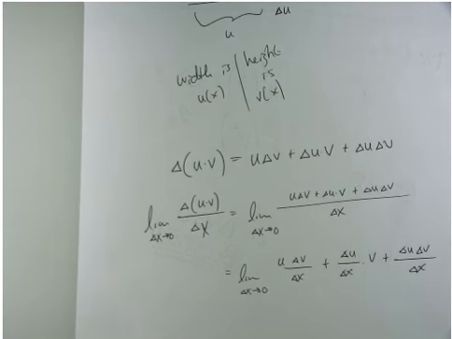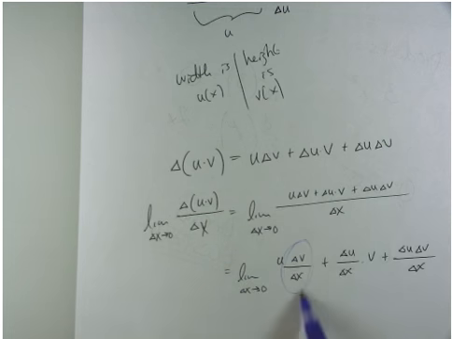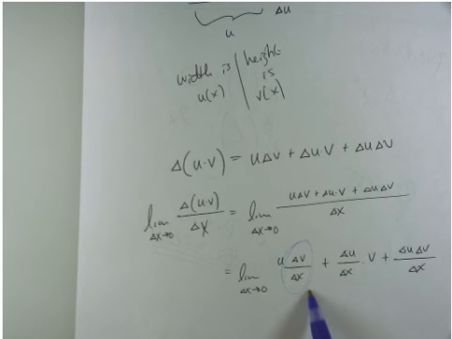And now these patterns are starting to emerge that seem familiar. I see that this first term is U, and then there's this ratio of the change in v with respect to x, as that change in x goes to nothing. This is just the derivative of v.